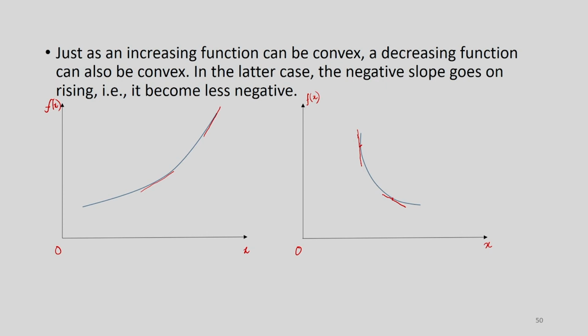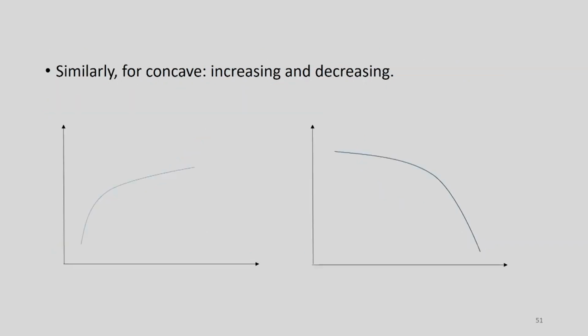So, both these functions are in fact convex functions. The same thing happens for a concave function as well. Here you have two concave functions. One is a rising concave function and the other is a declining concave function, but both are concave functions.